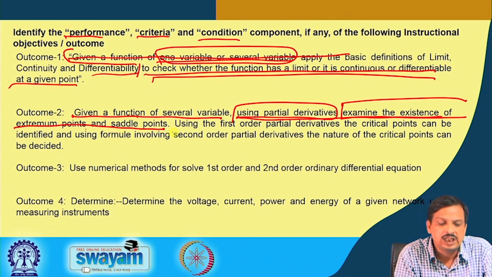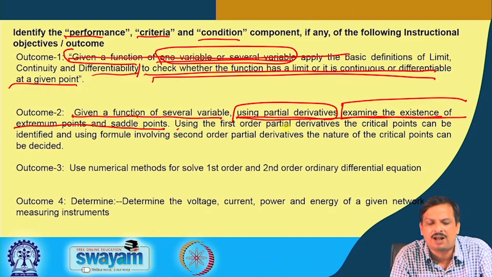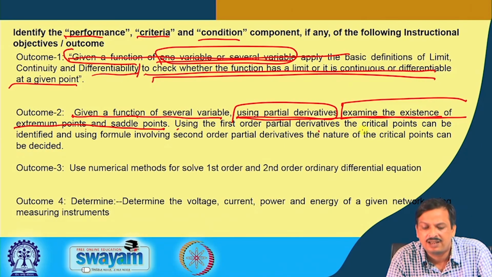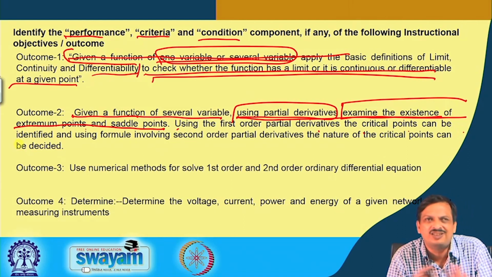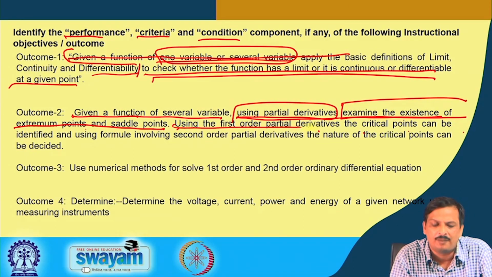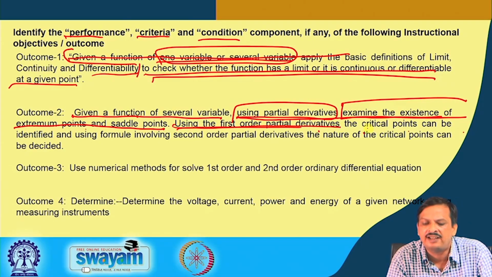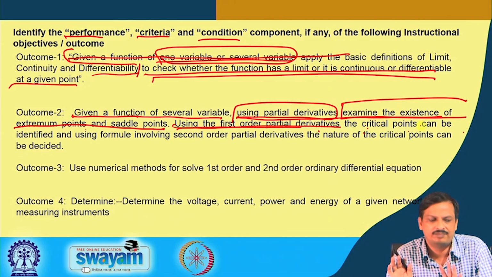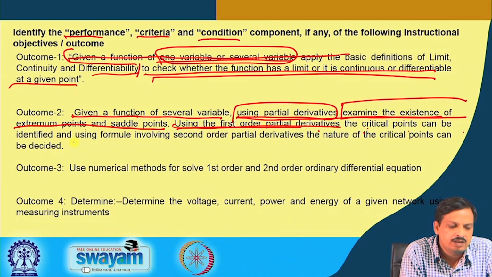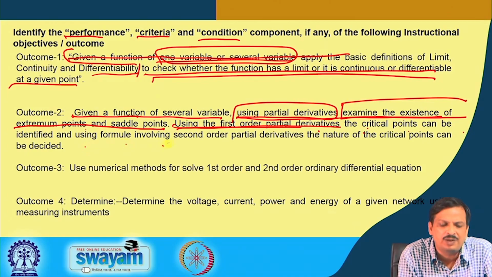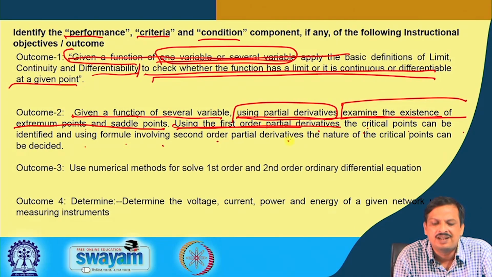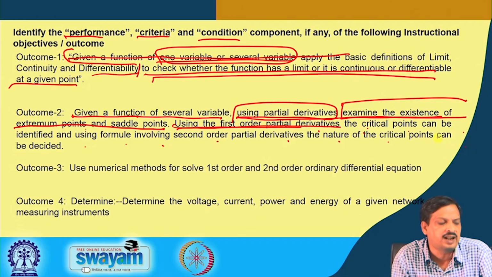Done. Using the first order partial derivative, the critical points can be identified. So this is not written as an outcome. You can say: using the first order partial derivative, identify the critical point, and using formulae involving second order partial derivatives, the nature of the critical point can be decided.